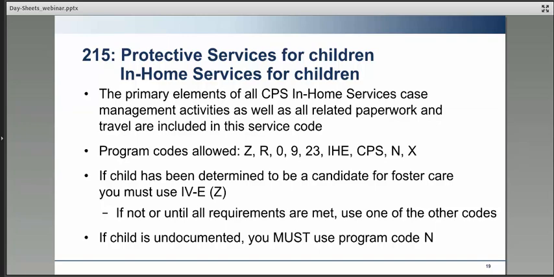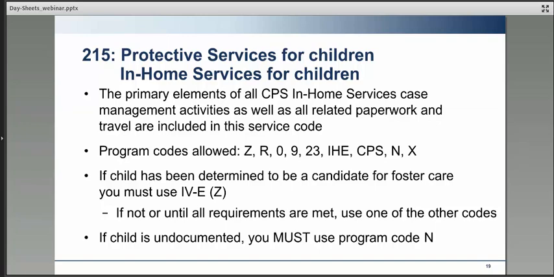If your child has been determined to be a candidate for foster care, and we're going to talk about what that means in a second, you must use 4E. I want to repeat that because it is critical. If a child has been determined to be a candidate for foster care, it is the code that must be used.